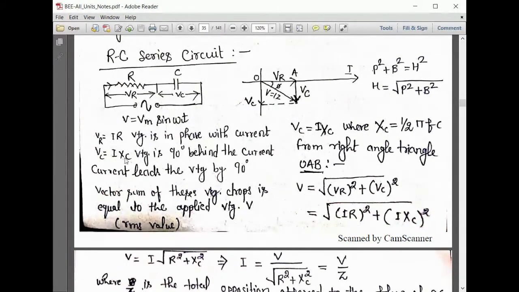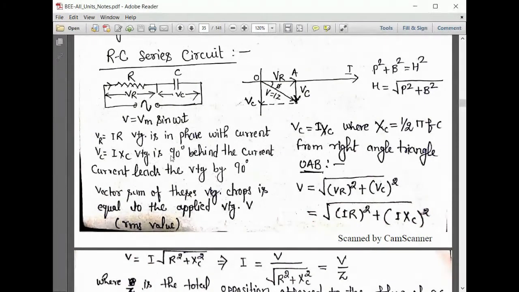Okay, so what is Xc? Xc is the opposition to the flow of current, that is the capacitive reactance. Okay, Xc is the capacitive reactance, and we find out this VC by using Ohm's law.